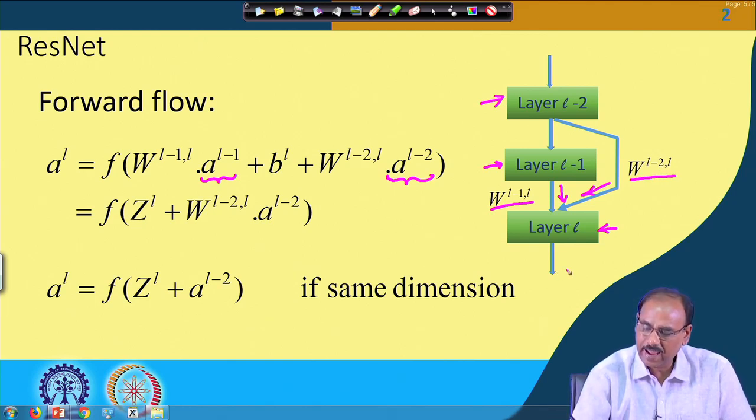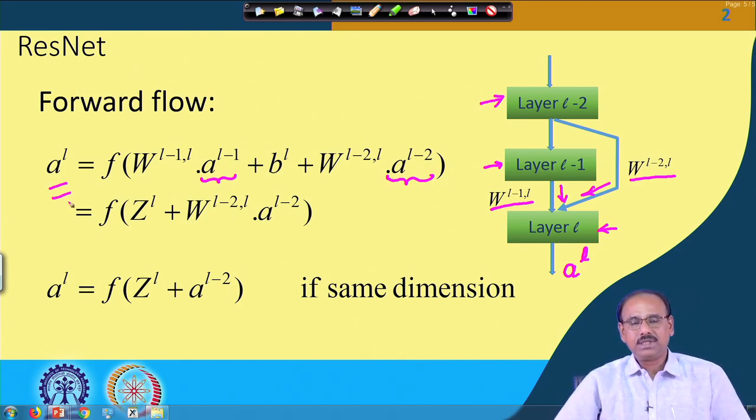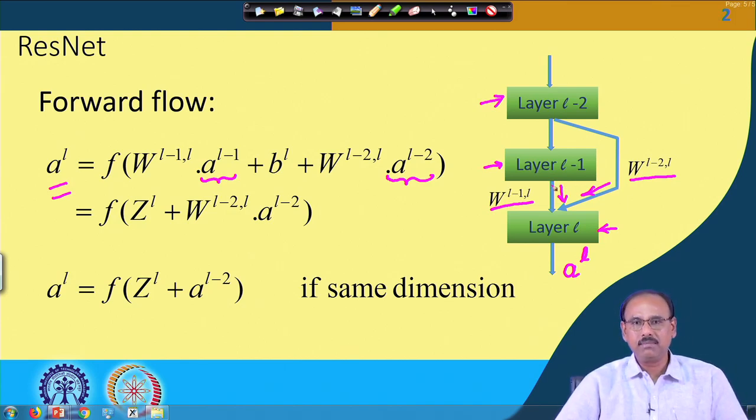In that case, the activation at the output of layer L, which is A(L), is given by a nonlinear function of W(L-1,L) times A(L-1), where A(L-1) is the output activation of layer L minus 1, plus B(L), which is assumed to be the bias at the input of layer L, plus W(L-2,L) times A(L-2), where A(L-2) is the activation at the output of layer L minus 2.